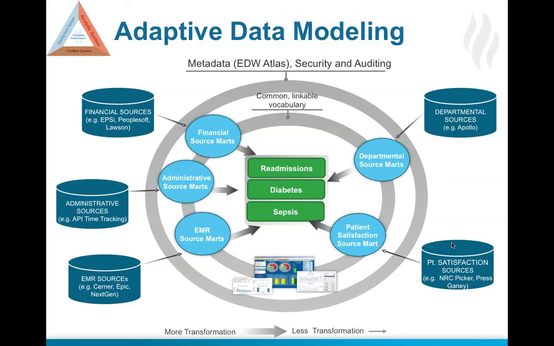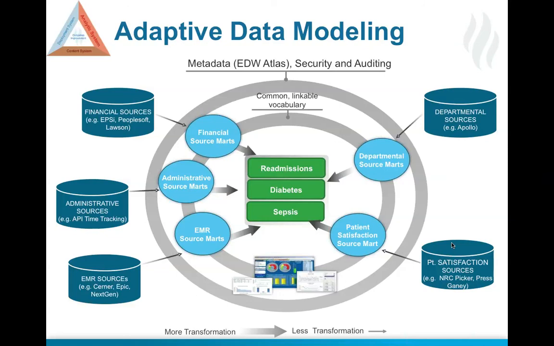We don't try to predetermine how the data will be bound. The way this model works is we bring data from all of the transactional systems into what we call source marts, but there's very little transformation of that data. Those transactions are very quick and very simple.